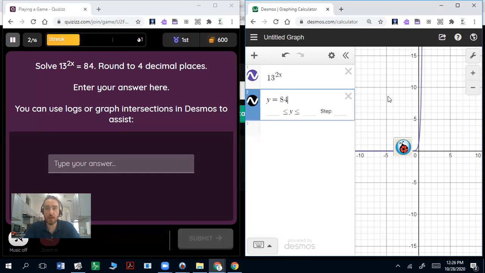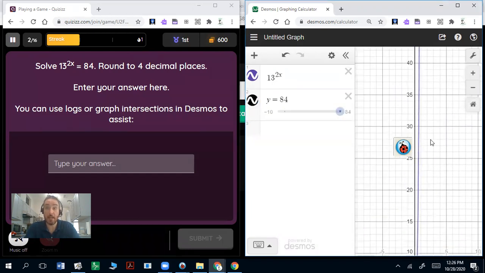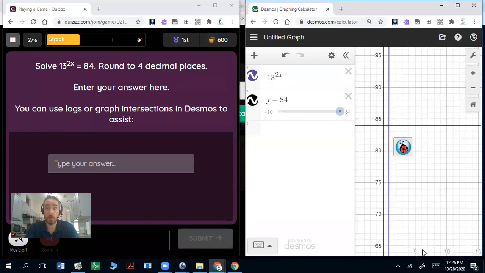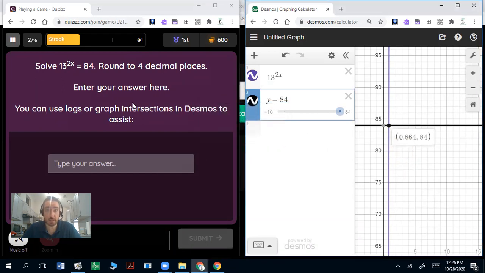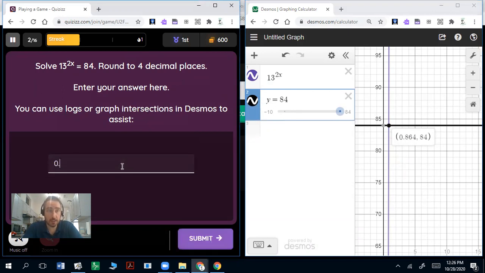You have to drag your graph down because we need to see 84. And those intersect at 0.864. Let's see if that gets us the right answer.